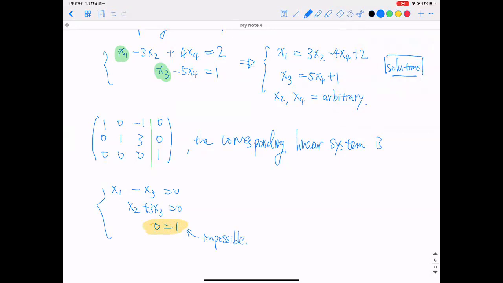And what this means is that, because such an impossible equation occurs in the system, the system has no solution, or as we call such a system, inconsistent.